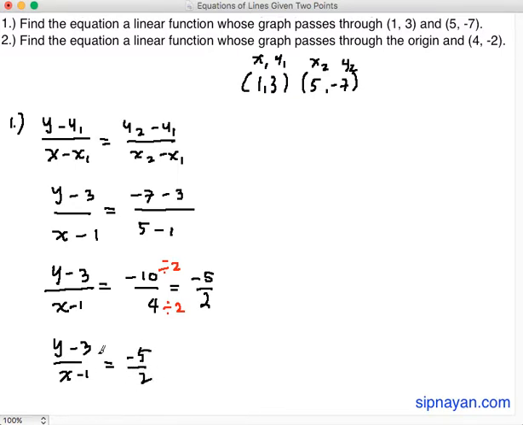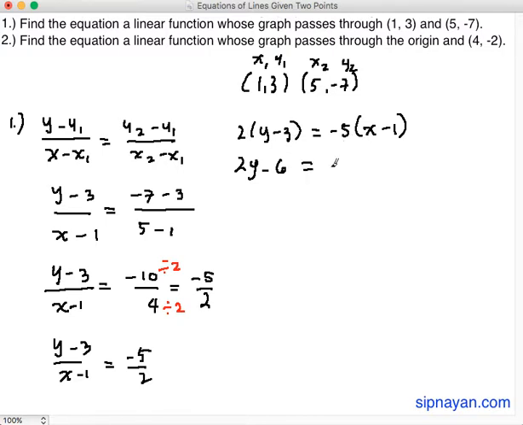So, i-cross-multiply natin, we have 2 times y minus 3 equals negative 5 times x minus 1. Nag-cross-multiply lang ako. So, i-distribute natin, we have 2y minus 6 by distributive property: 2 times y is 2y, and then minus 2 times 3 is 6.